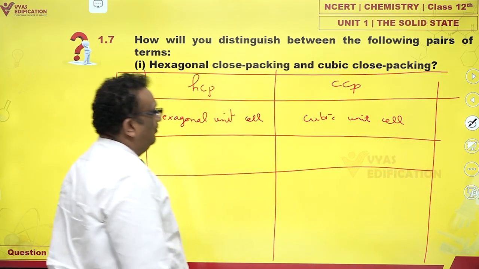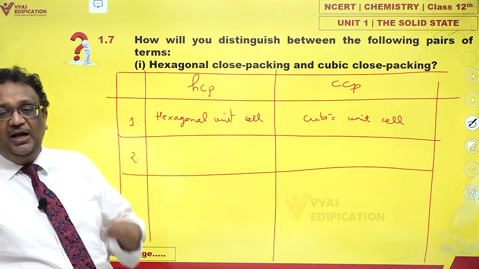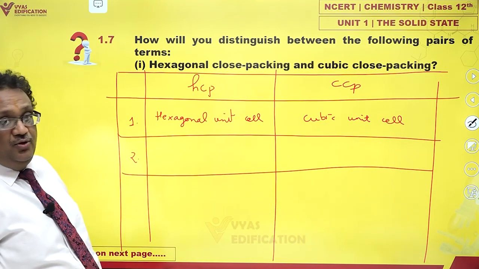How many atoms or how many spheres are within a unit cell?